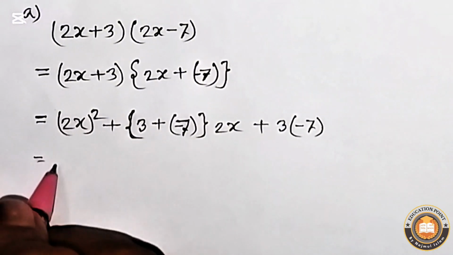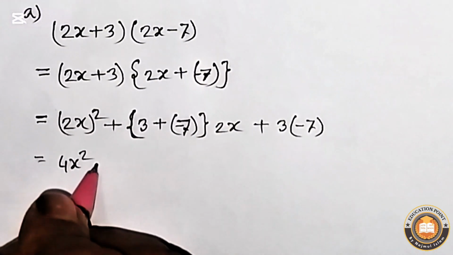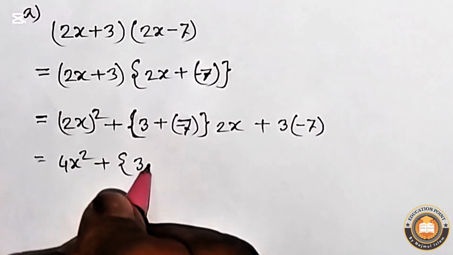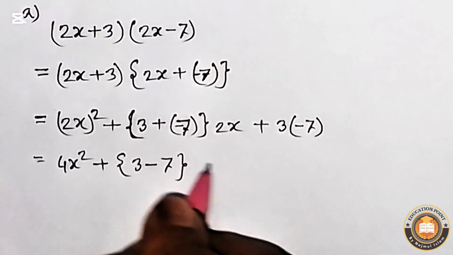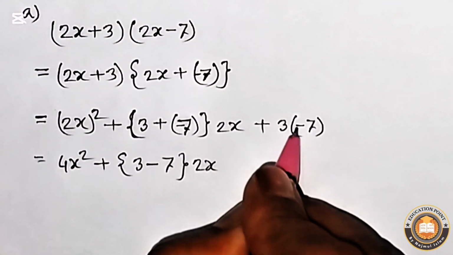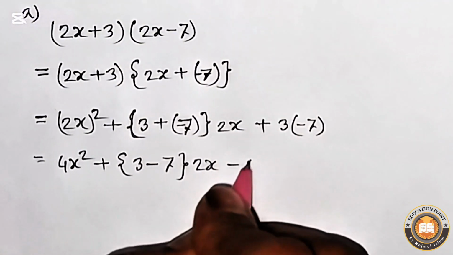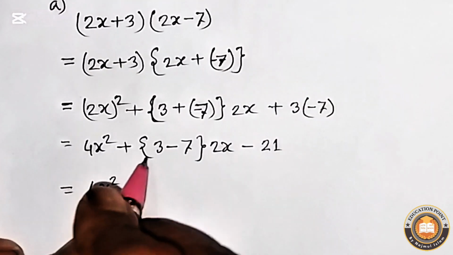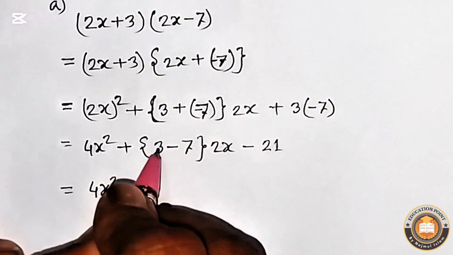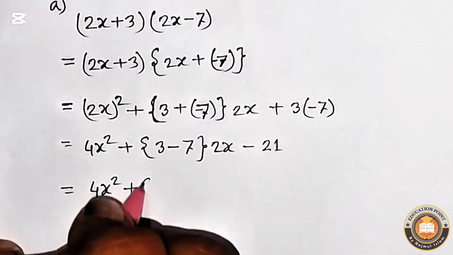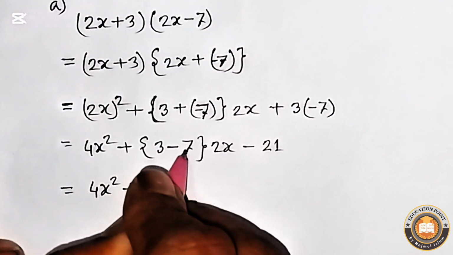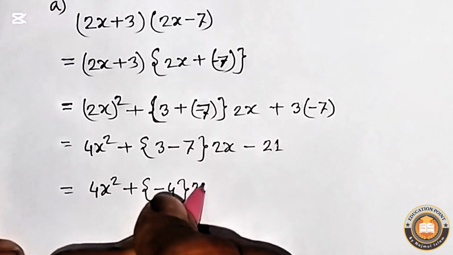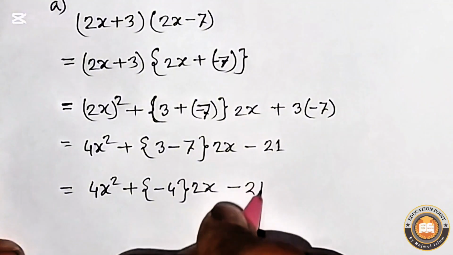Square value of 2x equals 4x square, plus (3 + (-7)) into 2x, plus 3 times (-7) equals minus 21. So 4x square plus the sum of minus 7 and 3, which equals minus 4, into 2x, minus 21.